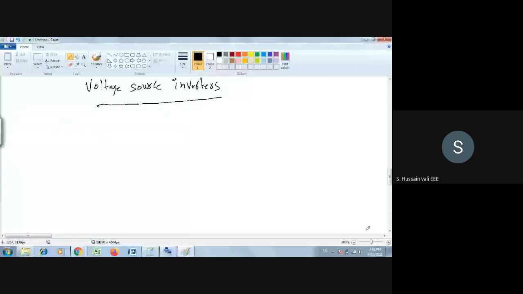So voltage source inverter. See, voltage source inverters which we have seen last class are in the polytechnic course. Now either you can make these inverters using the thyristors, or you can make using the transistor also, the BJT. Either you can use this or you can use this.